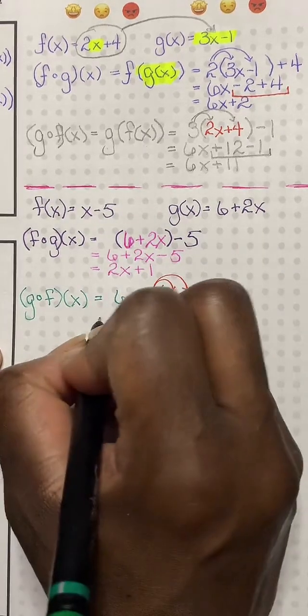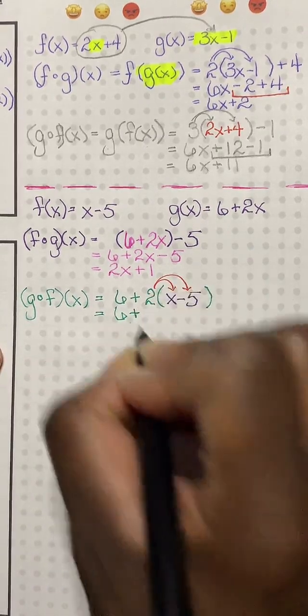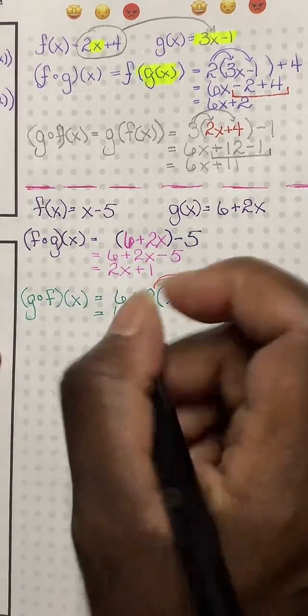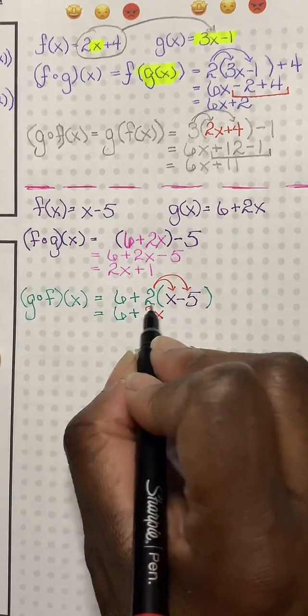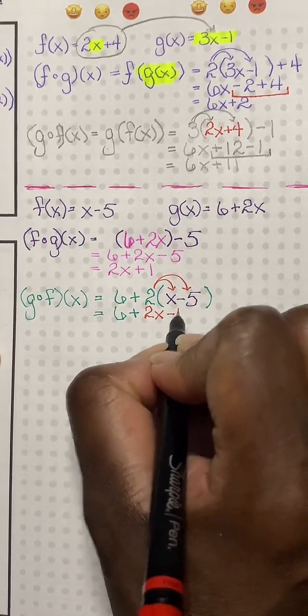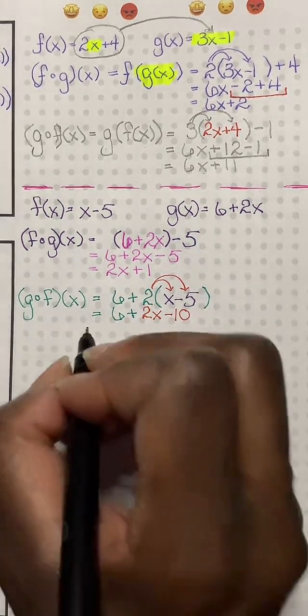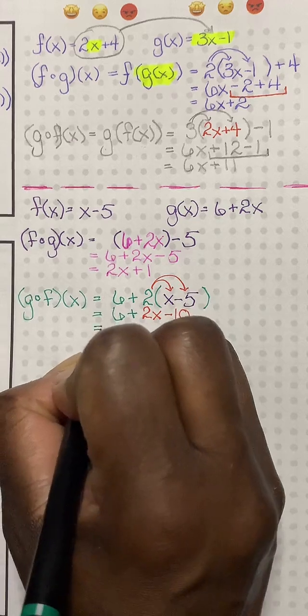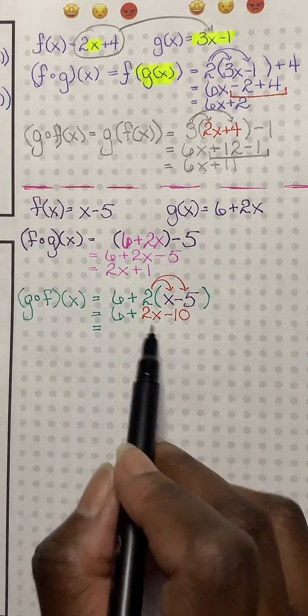So when we do that, we have our 6 plus 2 times x gives me 2x, and 2 times negative 5 gives me negative 10. So combine your like terms.